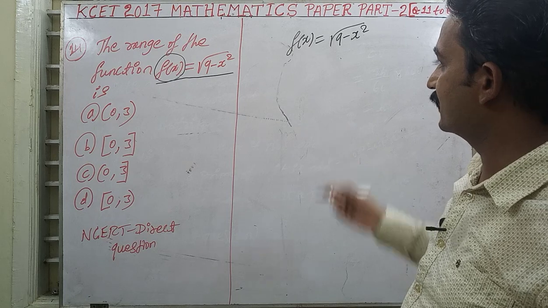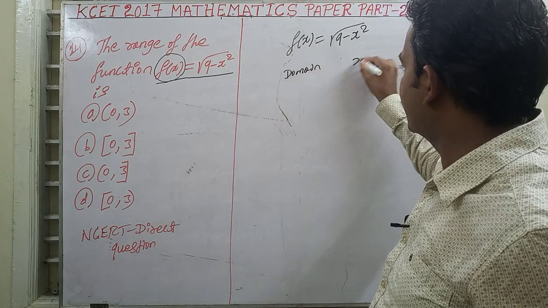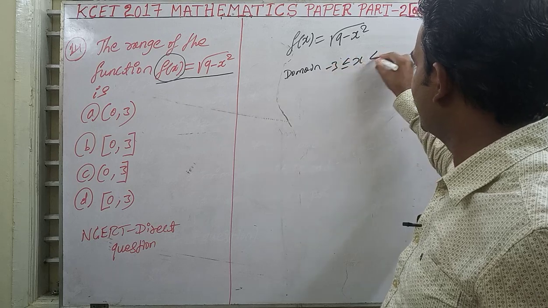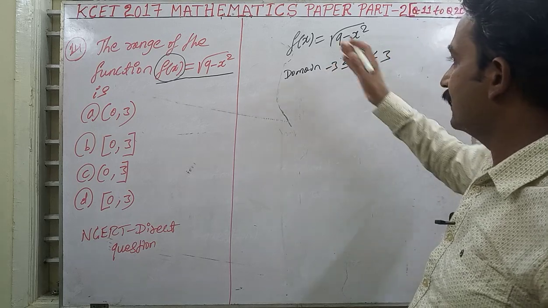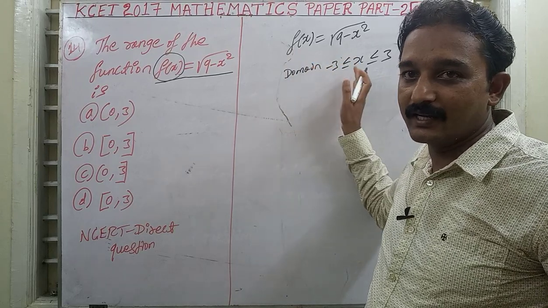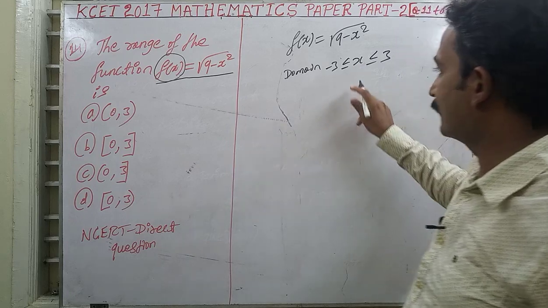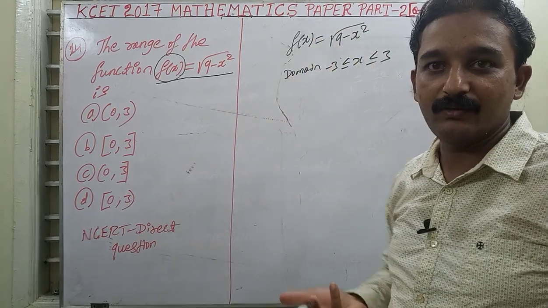The domain of this function is clearly x greater than or equal to minus 3 and less than or equal to plus 3. Hence this function is defined when x is between minus 3 and plus 3. But we have to find out the f of x value. This is the x value. Put the x value, and we get the f of x value.